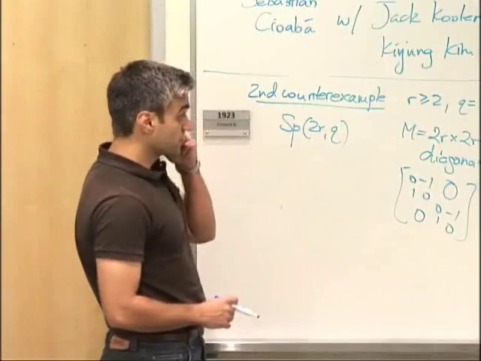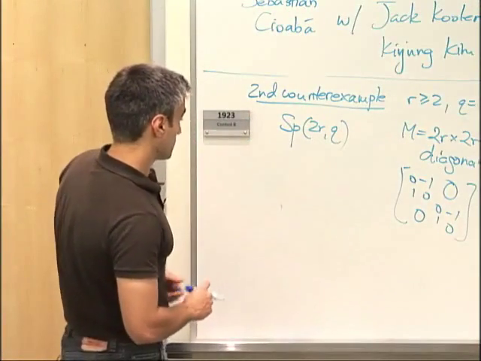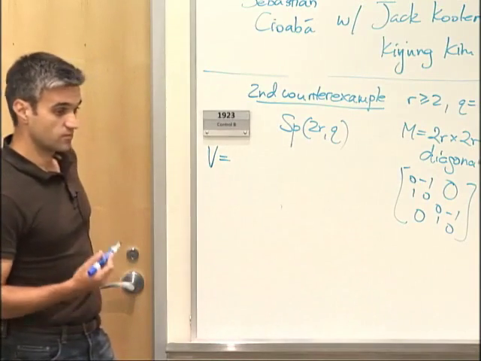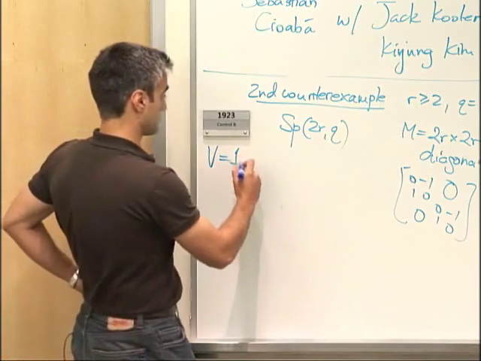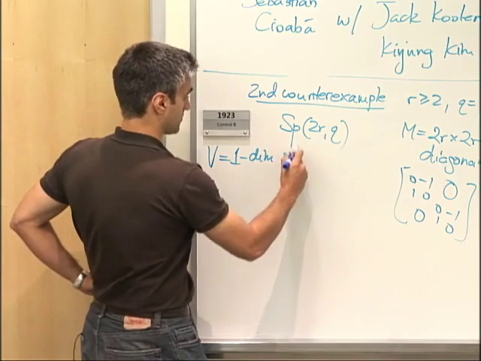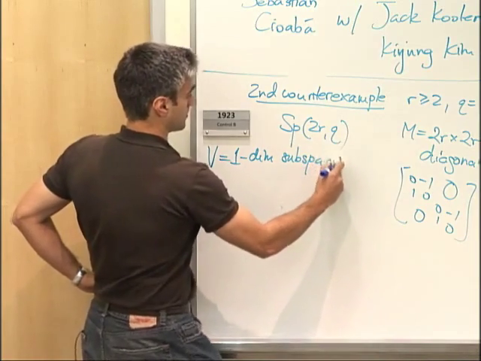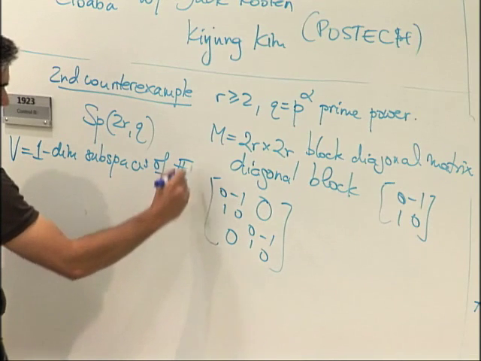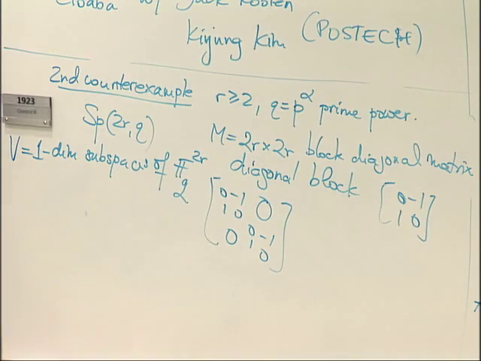All right, so how do you define a graph from here? The vertex set of this graph is going to be formed by the one-dimensional subspaces of a 2r-dimensional vector space over F_q.